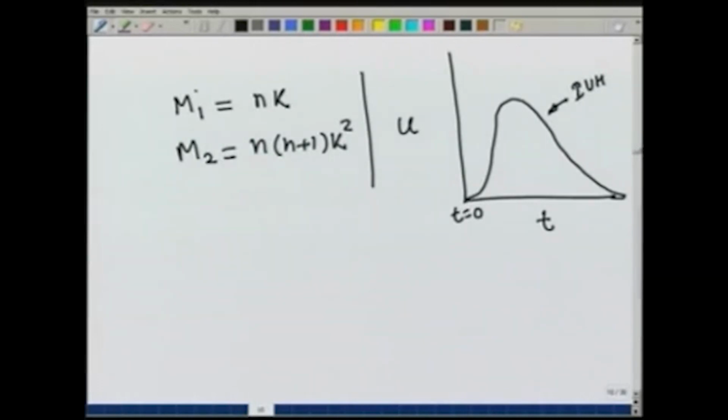Now, we will not have the IUH in general available to us, because our aim is to derive the IUH, but what we may have is some ERH and corresponding DRH.